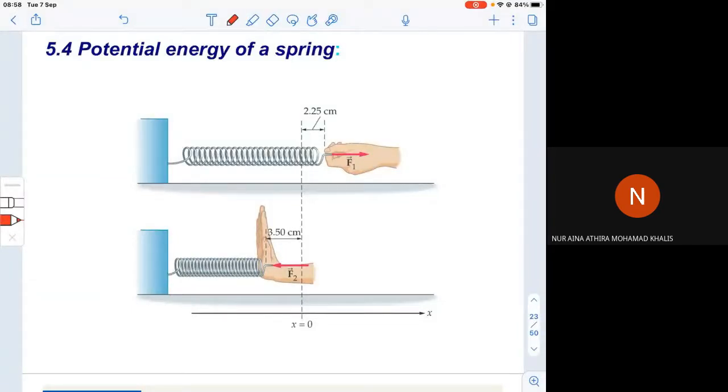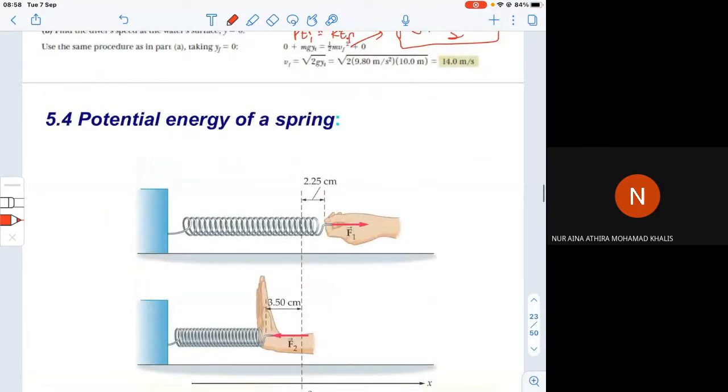The potential energy of the spring is given by the equation PE spring equivalent to half kx squared, where half is a half value, k is the spring constant, and x is the elongation, squared.